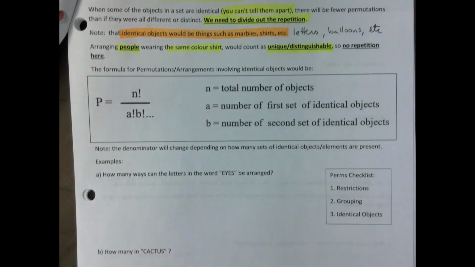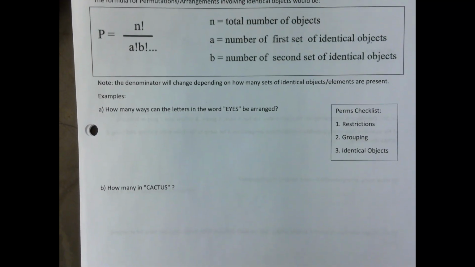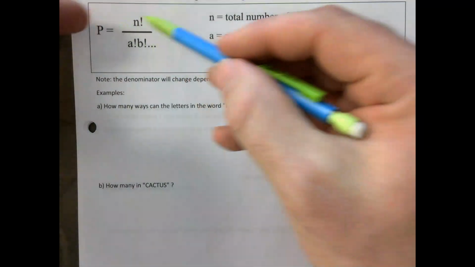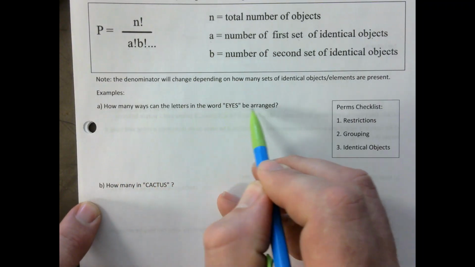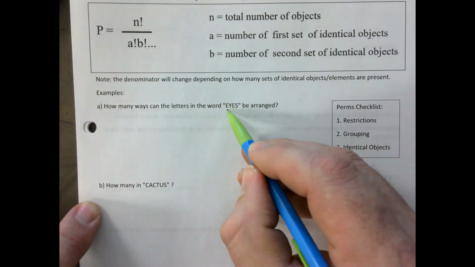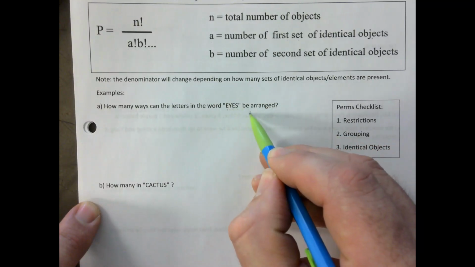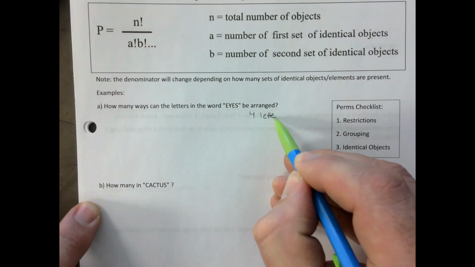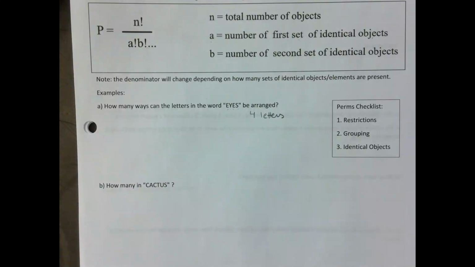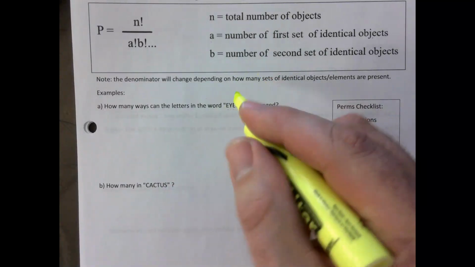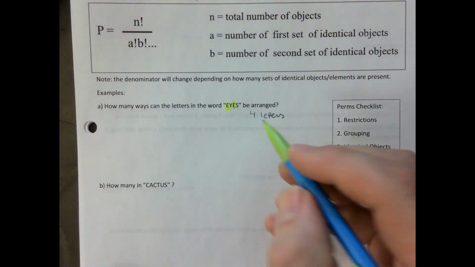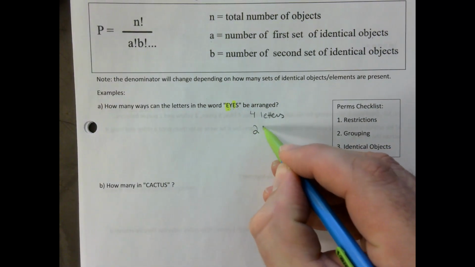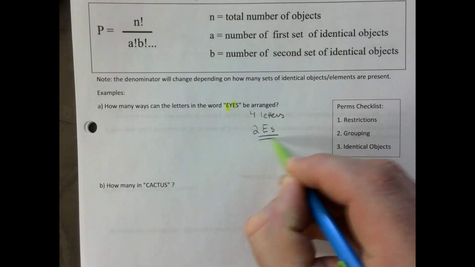So let's do a couple of examples. You can wrap your head around this part. For example, how many ways can the letters in the word eyes be arranged? Count. 1, 2, 3, 4. 4 letters. Do you see letters that are exactly the same? You should see the E there and the E there. There are 2 E's. Okay?